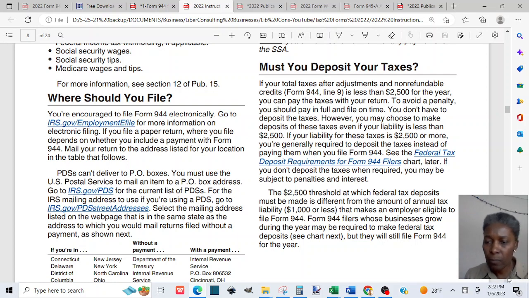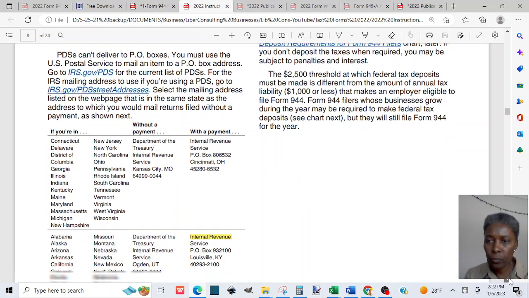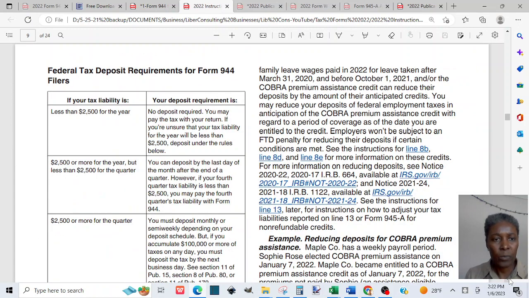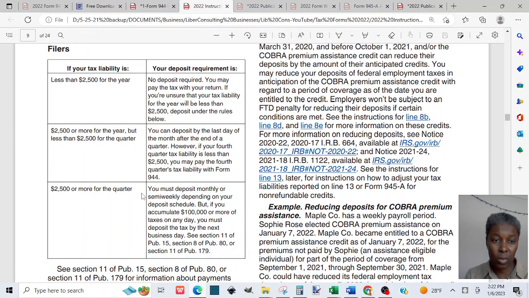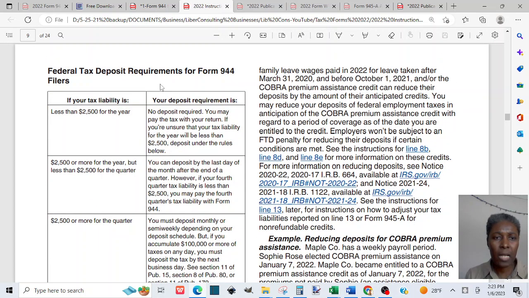I brushed on those two things earlier, but the table that I was looking for is this one. Federal tax deposit requirement. If you are not sure, you can read it. If your total tax liability will be less than 2,500 a year, no deposit is required.